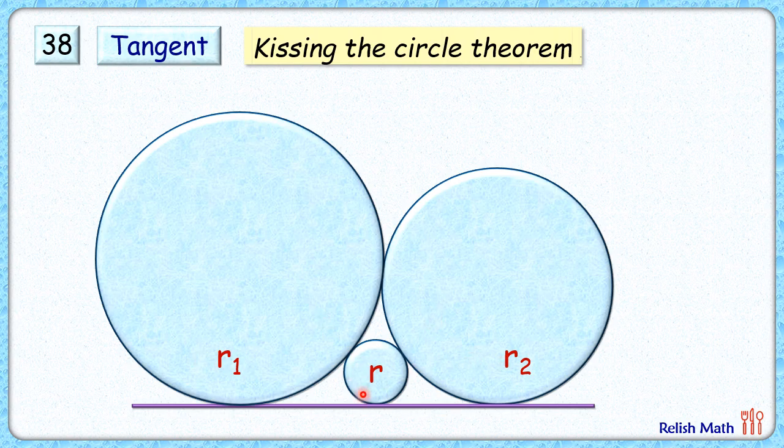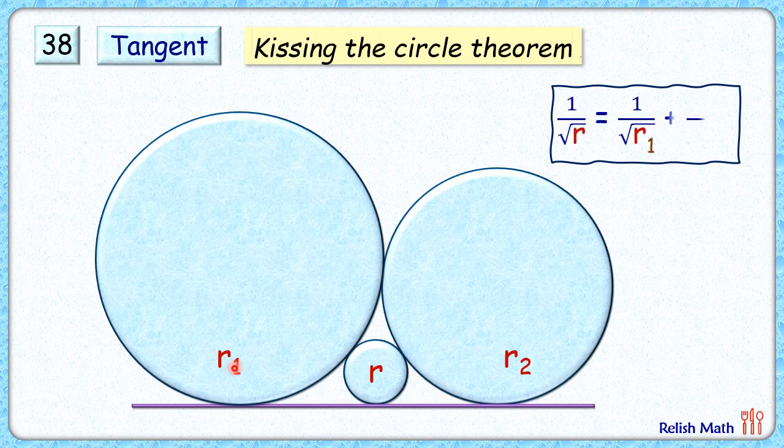The relation is beautiful: 1 upon root r, that's the small circle radius, is equal to 1 upon root of r1 plus 1 upon root of r2. Many times this question comes in competitive exams where you have to find the radius of this small circle, and you can find it very fast using this simple elegant formula.